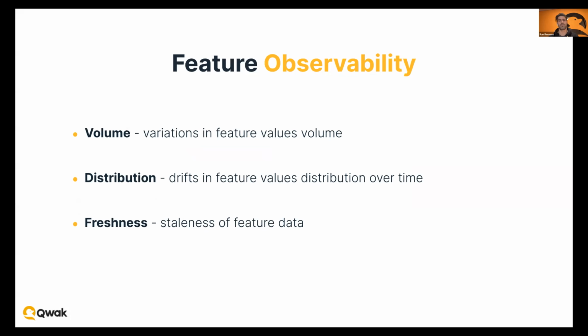For one, volume: the data volumes that the feature set is processing, which may have jumped or dropped significantly. Second, distribution: significant variations of data distribution across ongoing executions of the features. And third, status of feature data: a feature that new data simply wasn't ingested to for some period of time.